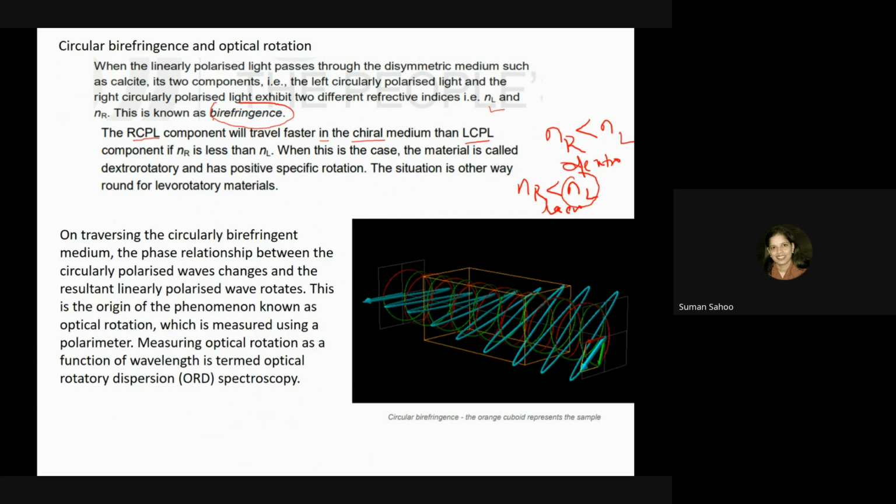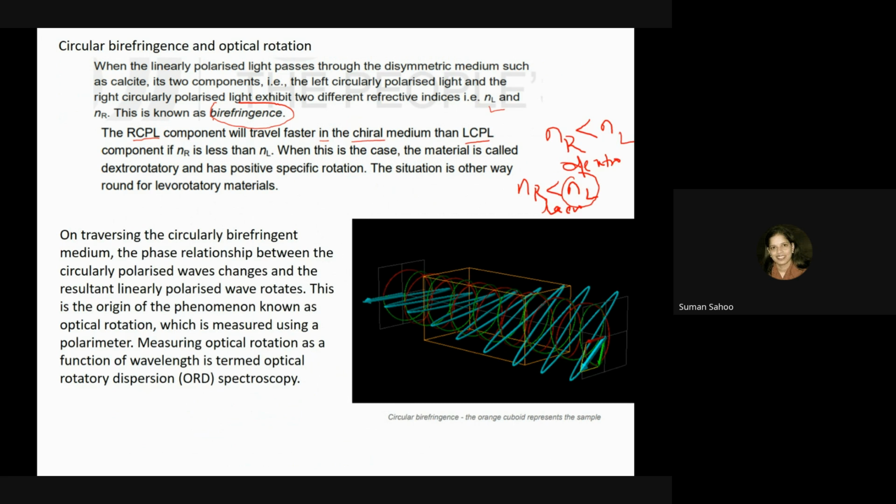We can also observe, in the case of linearly polarized light, the optical rotation as a function of wavelength, which is known as optical rotatory dispersion, ORD. Enantiomers rotate plane polarized light, so they have a specific rotation.